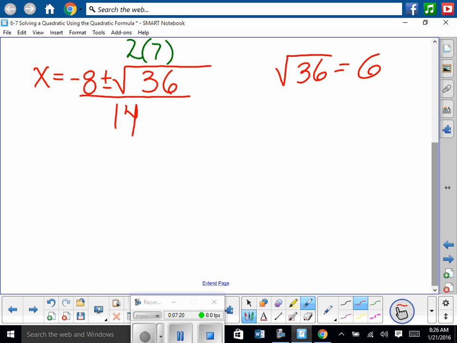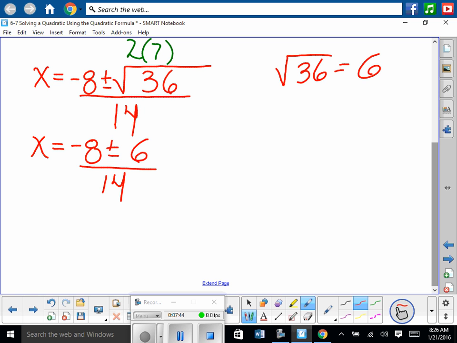Does that make sense? Good question. So you won't type in the square root part. But now we will calculate the square root of what was underneath. That is 6. So we have x is equal to negative 8 plus or minus 6. Don't write the square root of 6. The square root of 36 is 6. Okay, and that's all over 14.